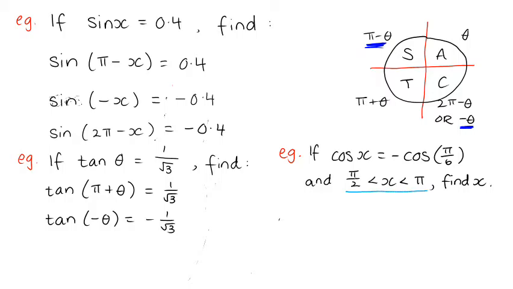S. Yes, it is in this one, because pi on 2 is this point here and pi is this point here, and it's between them. So it's in pi minus angle.